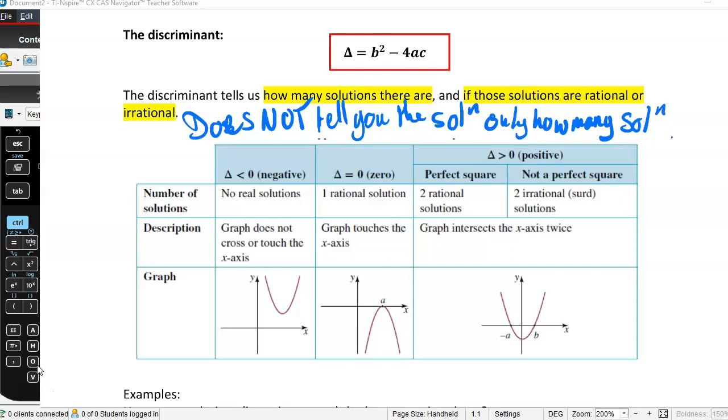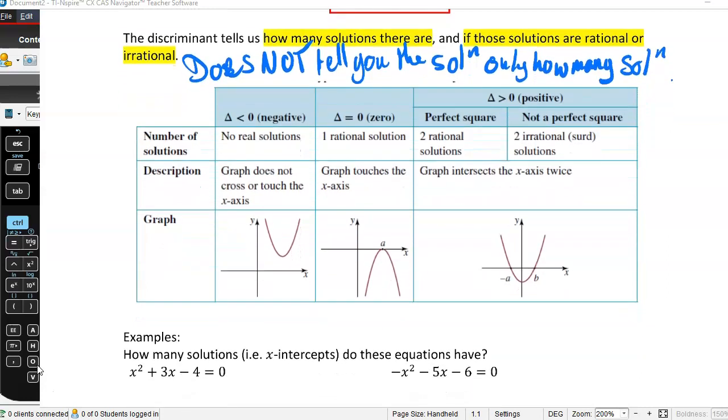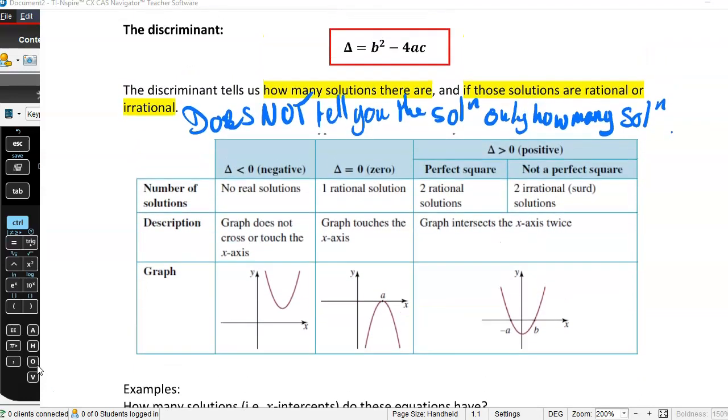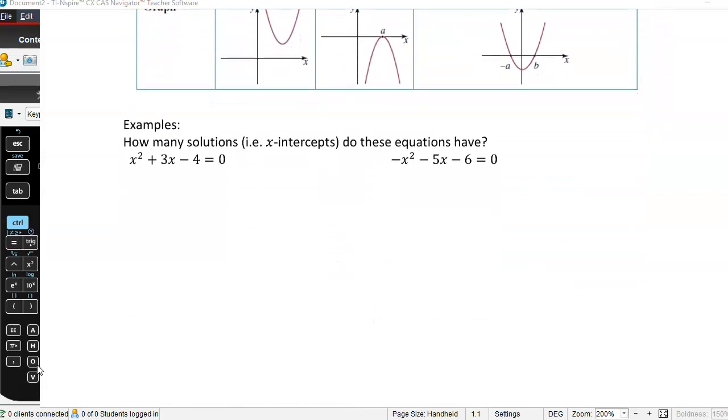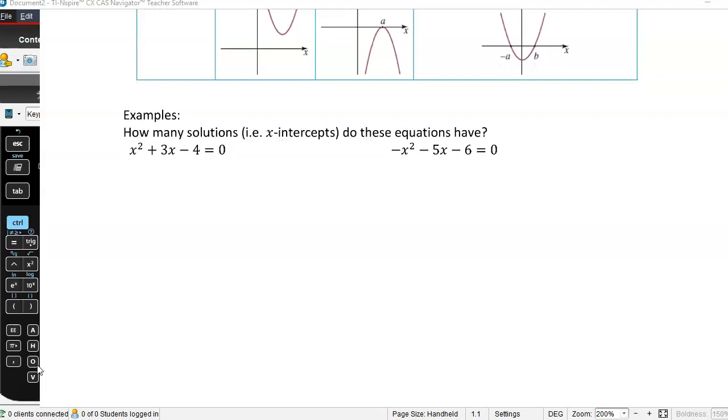A lot of students can get confused. They find the discriminant, then tell me that is the intercepts. It's not. It's just telling you how many solutions there are. So let's do a few examples. How many solutions do these have?